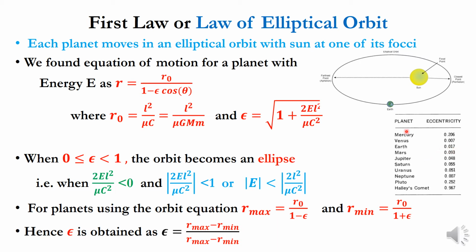So epsilon equal to 0, meaning eccentricity equal to 0, represents a circle. Means for Earth, this path, this orbit is very near to the circle, but it is still an ellipse, but very near to the circle.